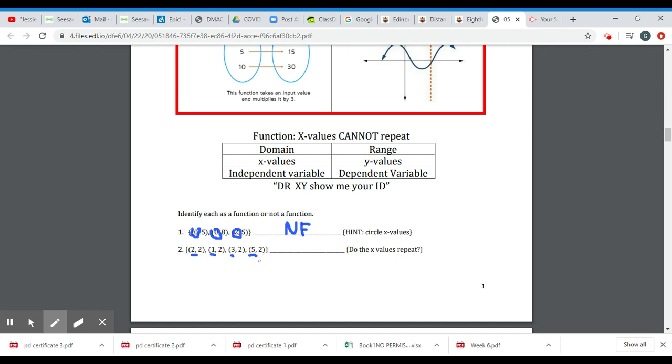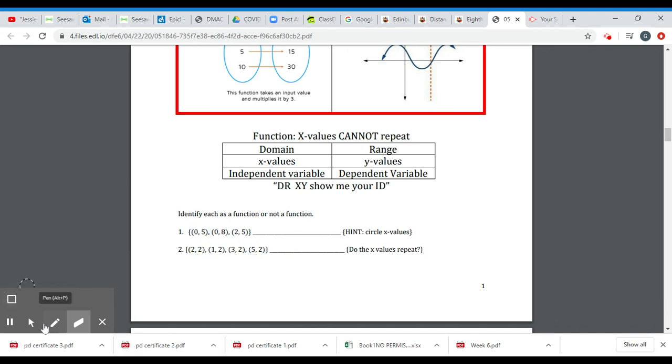They don't repeat, so this is a function. Or you can write in here, they don't repeat.